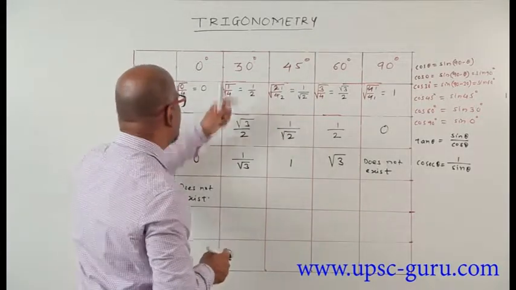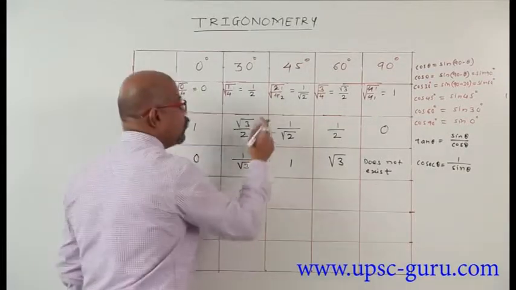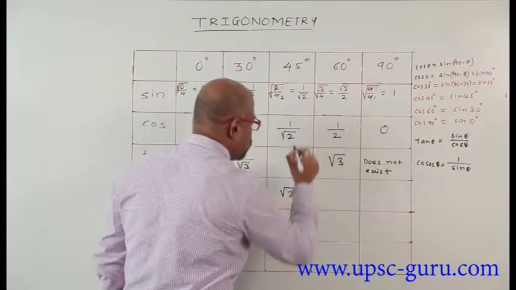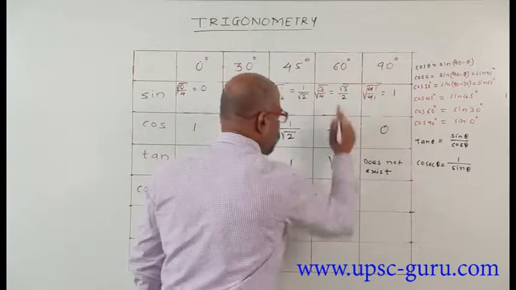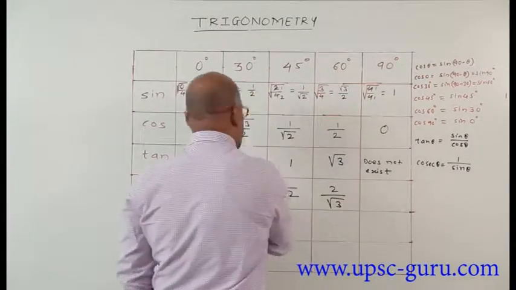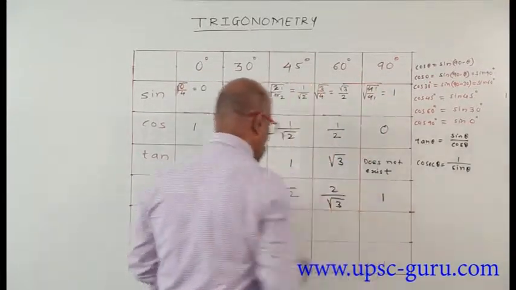Then cosec 30, reciprocal of 1 by 2, that is 2. Cosec 45, reciprocal of 1 by root 2, that gives you root 2. Cosec 60 is reciprocal of root 3 by 2, that is 2 upon root 3. And cosec 90, reciprocal of 1, gives us 1.